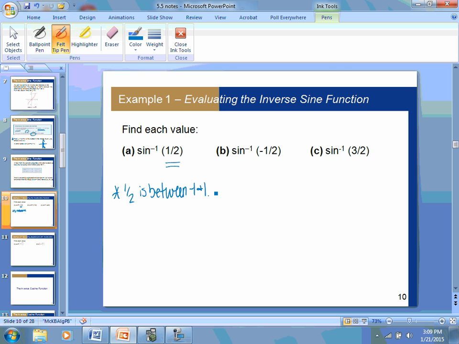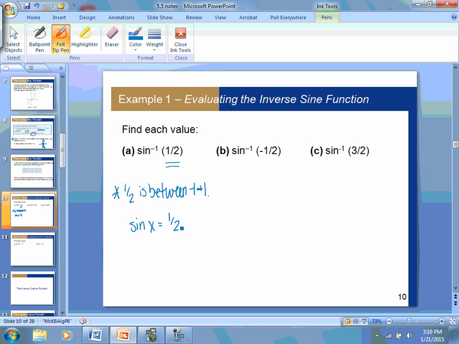So if the value that they give you is between negative 1 and 1, then you're good to go on to the second step in this thought process. Okay? And that thought process is to rewrite the equation just a little bit. What this means is that we're trying to find the sine of something that gives us 1/2.